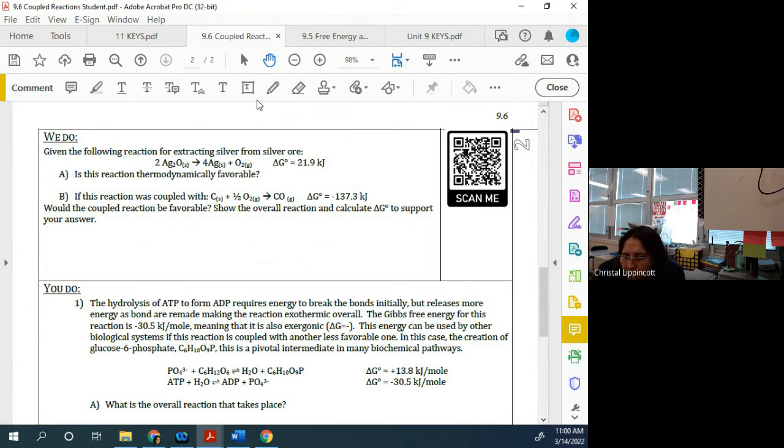So if I have my 2Ag2O here, and that is 21.9. And I bring this one down here.